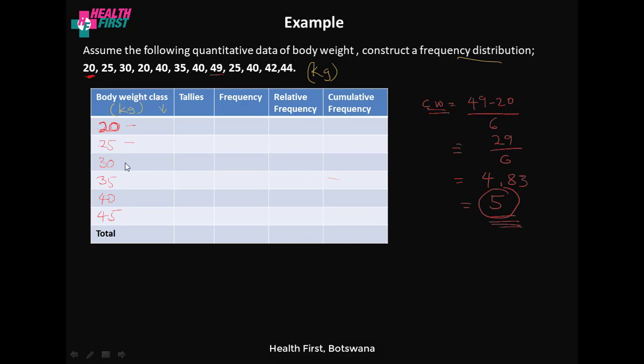So we have listed all the lower class limits for all the classes, and then we proceed now to list the upper class limits for all the classes.